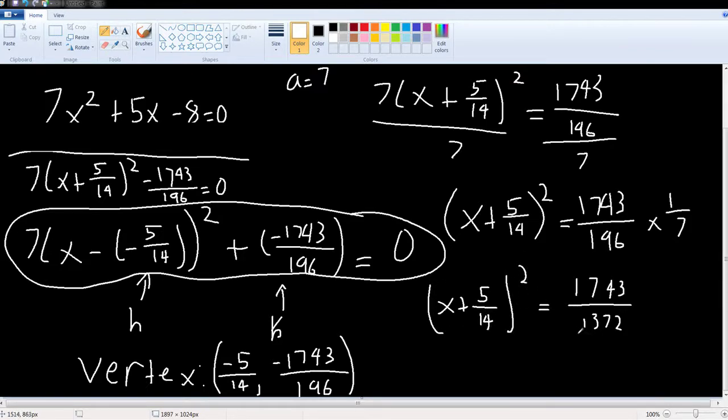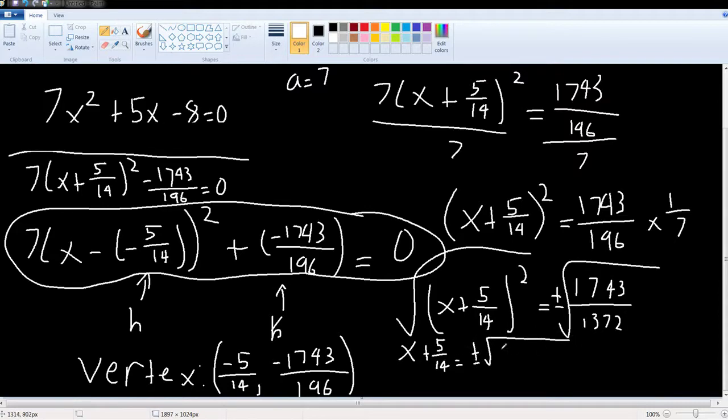So we have 1743 over 1372 is equal to x plus 5 over 14 squared. We'll find the square root. Remember, it comes with positive and negative answer. So now we're left with x plus 5 over 14 is equal to plus or minus square root of 1743 over 1372. Then minus 5 over 14.